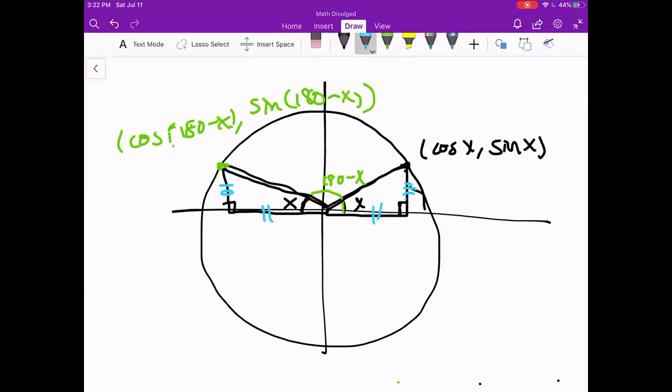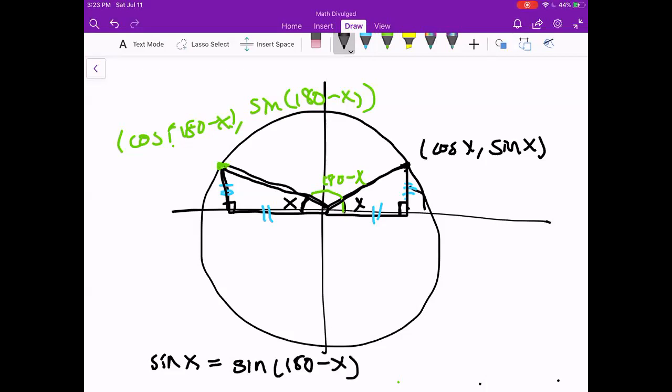So what does that mean for us? Basically, since these two vertical lengths are the same, that tells us that sine of x is equal to sine of 180 minus x.